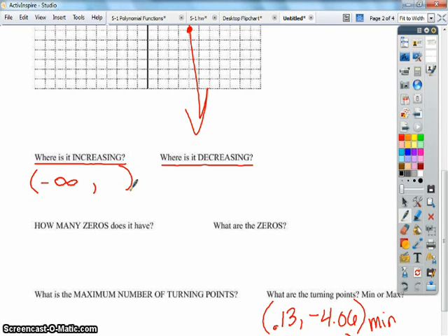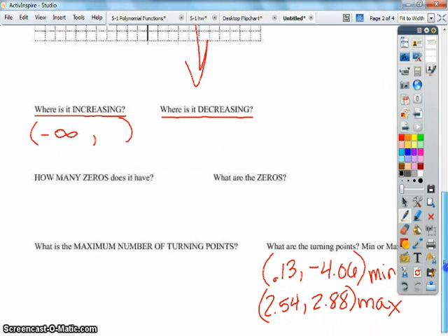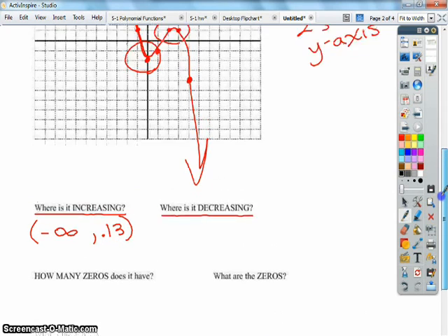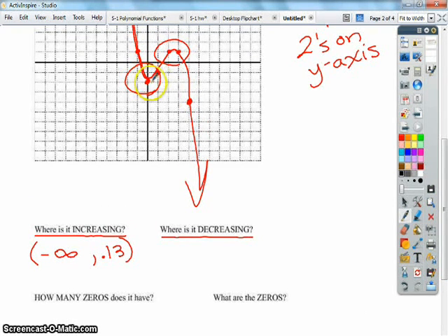Now you might say, well, what's that spot? That spot comes from your minimum of 0.13. So it's decreasing, decreasing, decreasing, decreasing until it gets here.